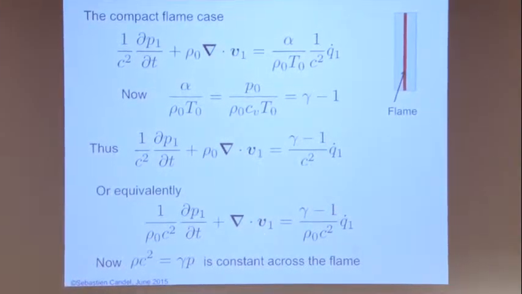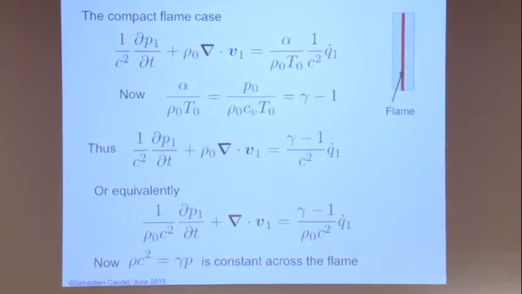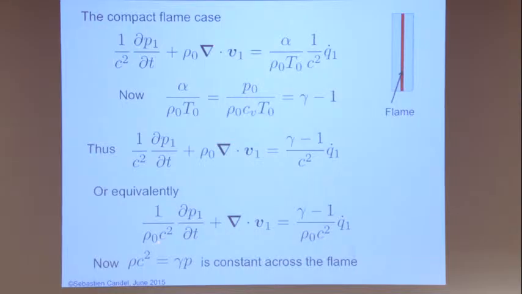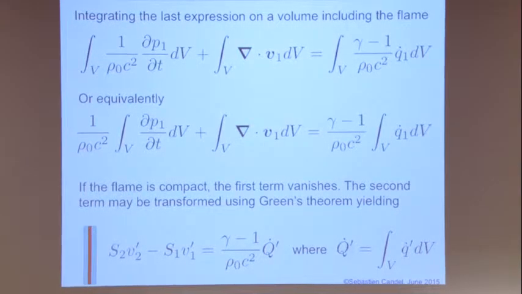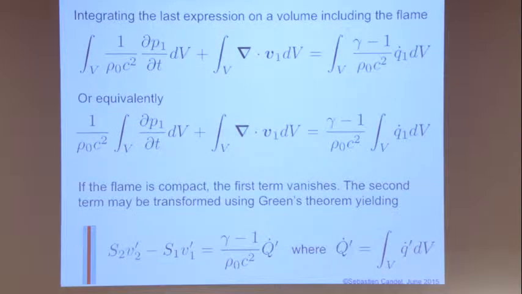We have divergence of V1 here and gamma minus 1 over rho 0 c squared. So this quantity here is a constant across the flame. So we integrate this expression on the volume. Let's assume that gamma is constant, so we take that out because it is a constant. And we assume that the flame is in a very small volume.